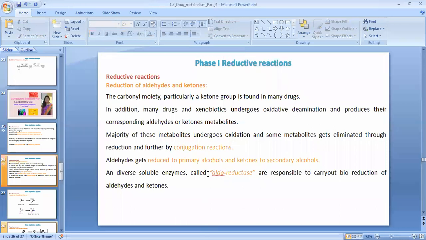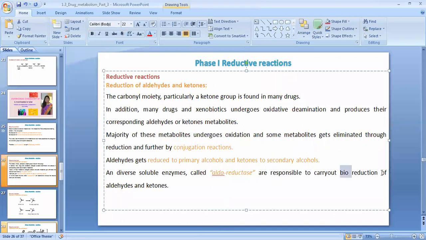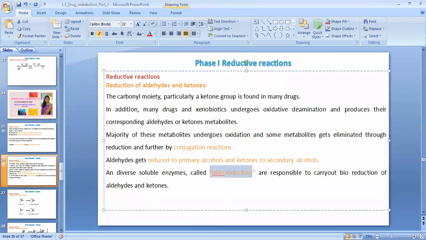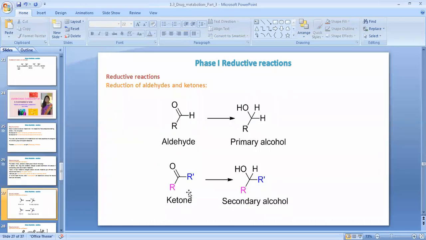The name of the enzyme is aldo-reductase, the enzyme which is responsible to carry out the bioreduction of aldehyde and ketone. So what does this enzyme do? It will convert the drug molecule into a form of the compound which will facilitate the elimination of the drug molecule.